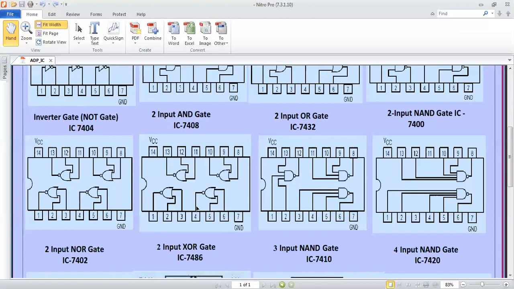The design of this IC is same like 7402, and for working of XOR gate, you are providing input from 2 3, output on 1.